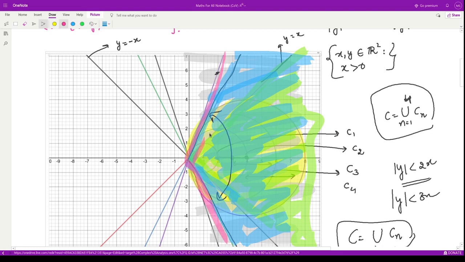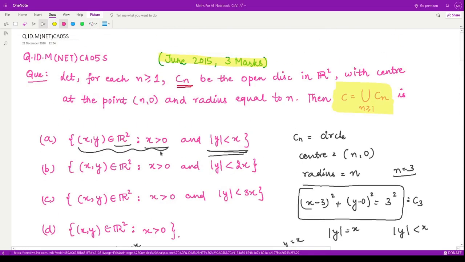Can you see? So that means this union is not present inside any of these regions: mod y less than x, mod y less than 2x, and mod y less than 3x. So obviously these three options are not correct. So option D is the only correct option.